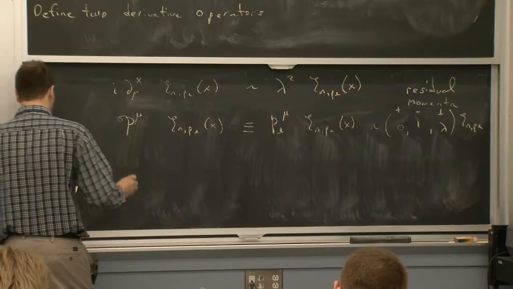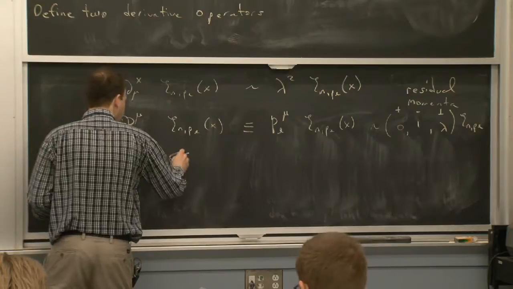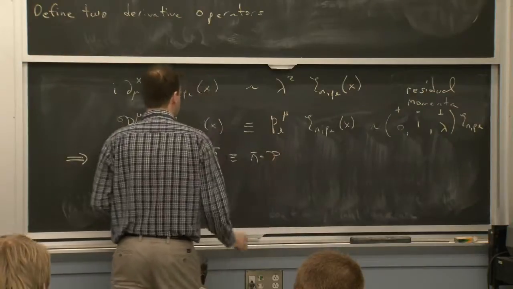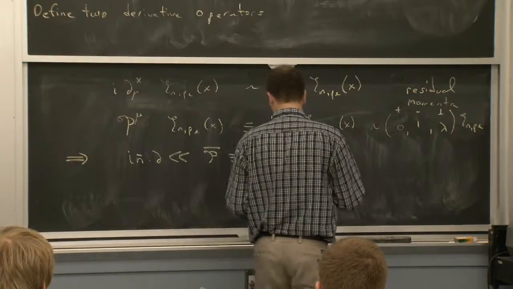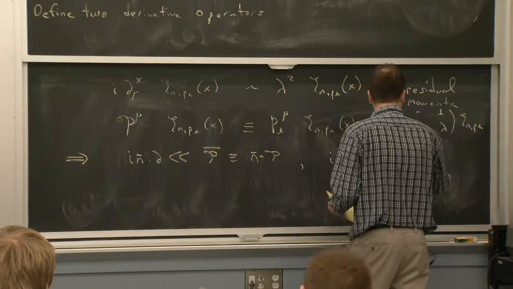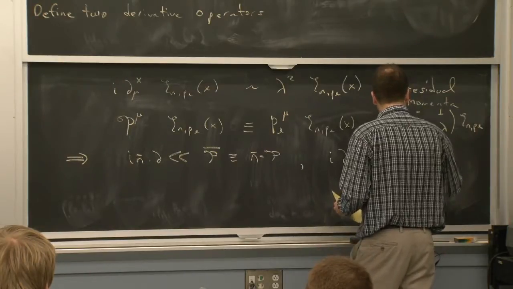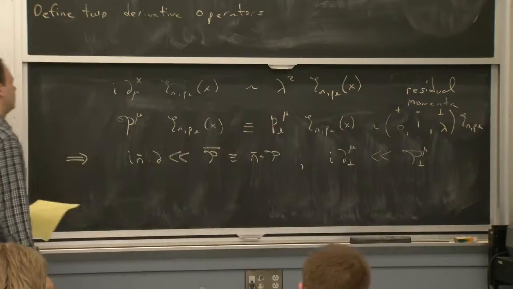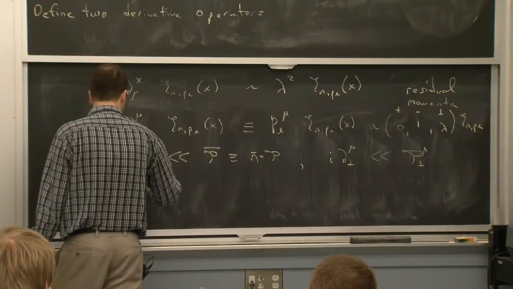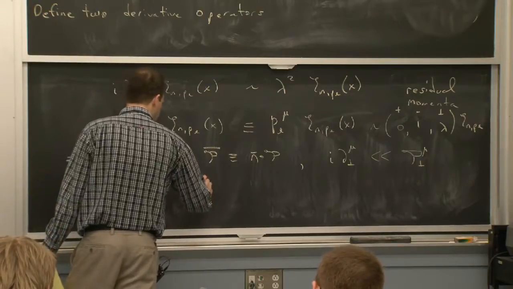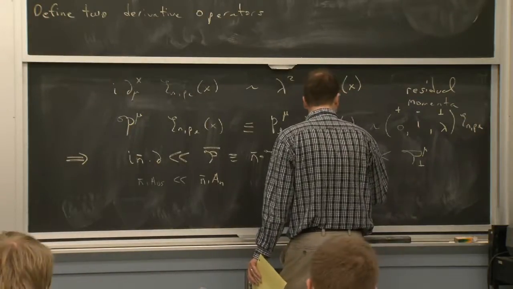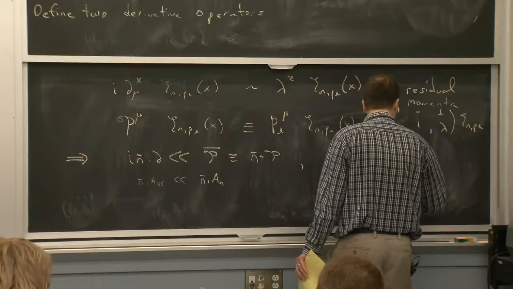OK, so the bottom line is that we now have a comparison, like we had a comparison for the gauge field, we have a comparison for derivatives. And so this is exactly analogous to what we said before, where we had n bar at A ultrasoft being much less than n bar at A collinear, and A perp ultrasoft being much less than A perp collinear.